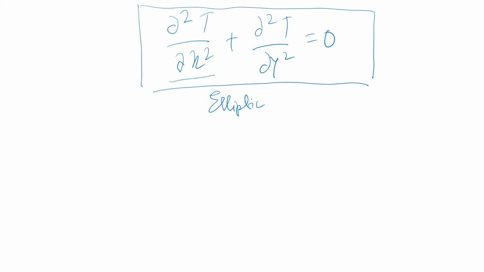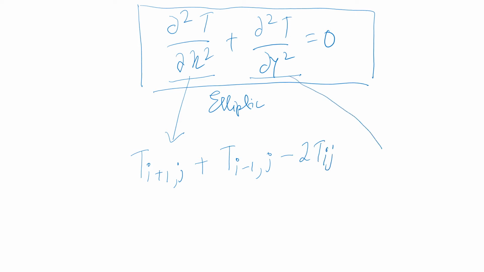So this is the first double derivative and this is the second double derivative. To discretize this, we use the central difference formula, which is... and to discretize this del square T del y square, we use this one.